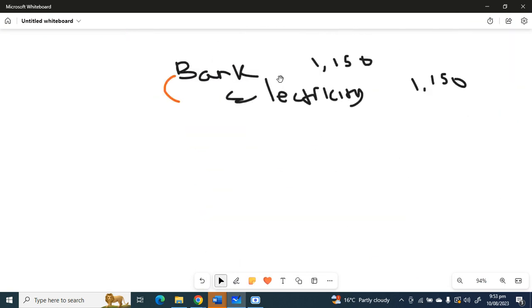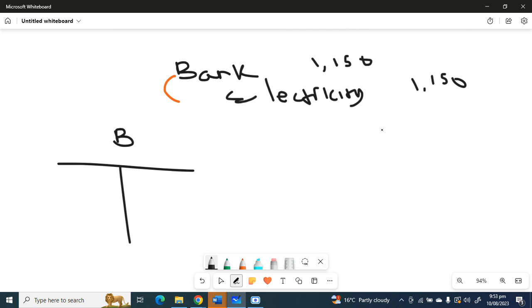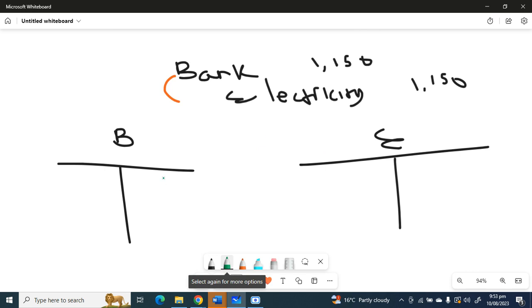These entries were reversed. So you have the bank account here and you have the electricity account. The transaction was reversed. There was an error made. So here bank 1,150, then electricity here 1,150.